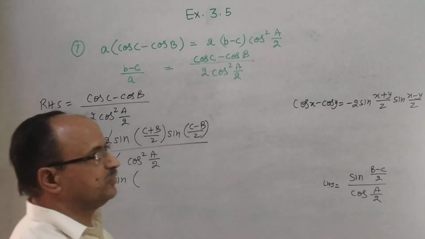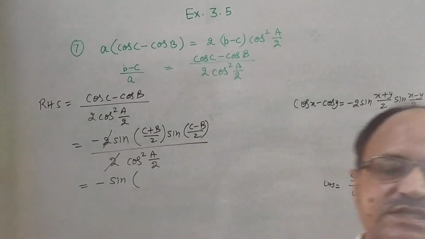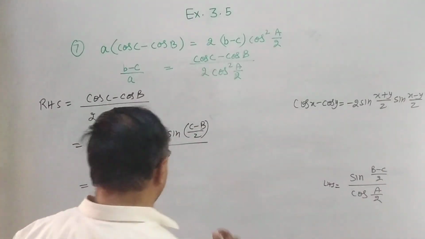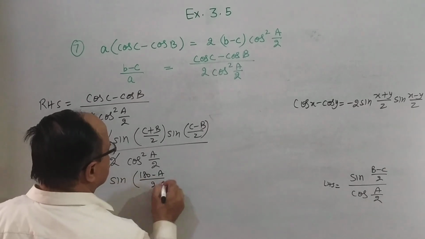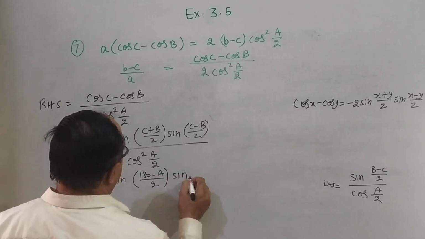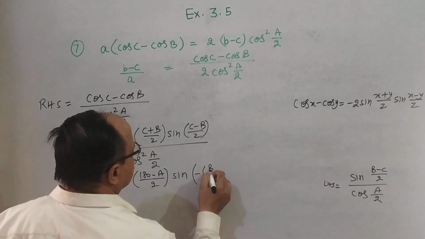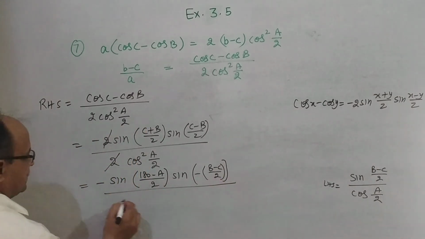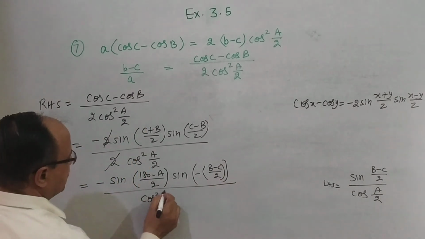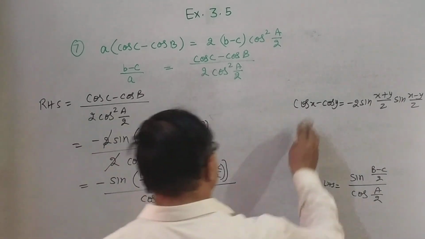Now put the value of b plus c. You know that a plus b plus c is equal to 180. Therefore b plus c is 180 minus a, upon 2 sin. You can take minus common. You can write (b minus c) by 2 divided by cos square a by 2.